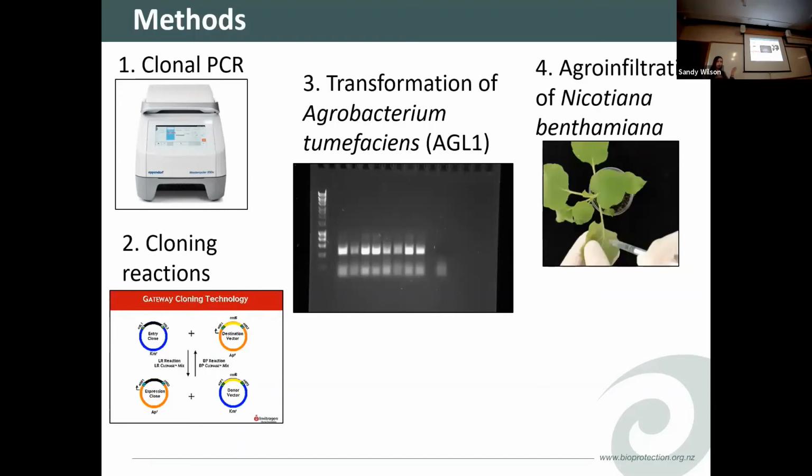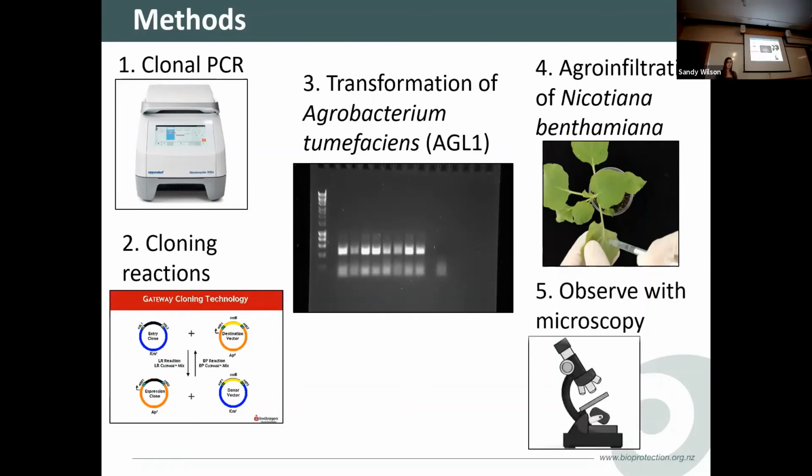And just as is shown in this picture, I then used the positive Agrobacterium colonies to make liquid cultures and prepare an infiltration buffer, and infiltrated around 4 to 5 week old Nicotiana benthamiana plants, which I'd been growing. I then left the plants for around 2 days to allow time for expression, which was under the control of a plant promoter. Once 2 days had passed, I took leaf punches from the sites on the leaf that had been infiltrated and observed these under the microscope.